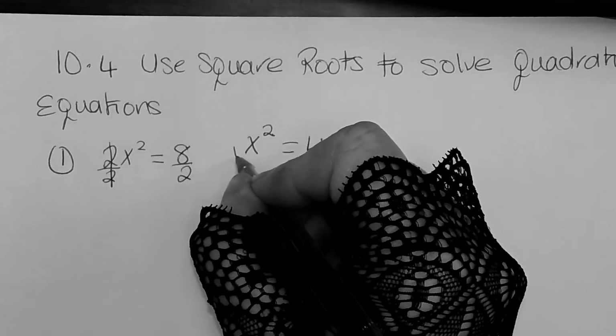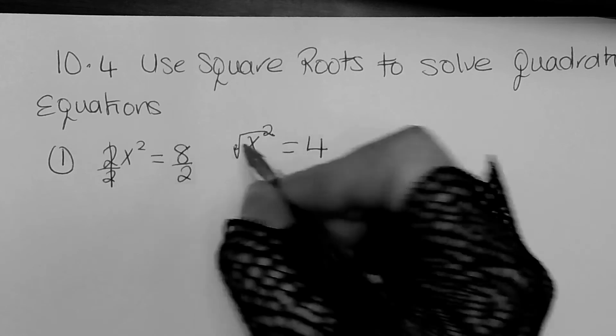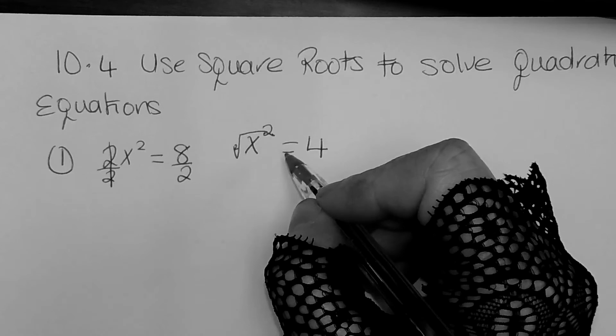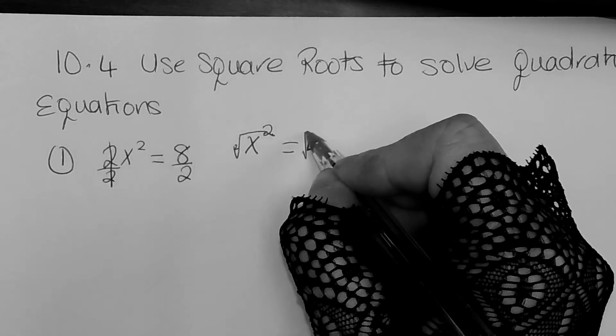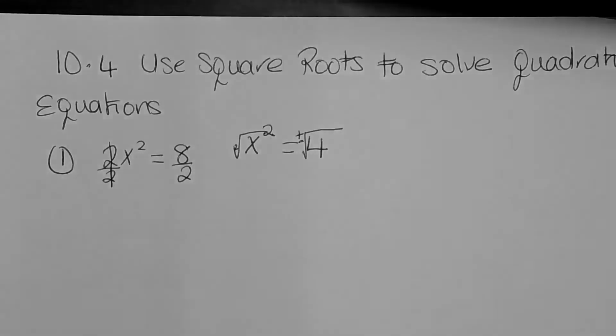So we take the square root, and it's understood, we never write, but there's understood to be a 2 in the square root. That's why it's called square root. And in algebra, everything's balanced, so we take the square root of 4, and we always add a plus and minus, because you need 2 solutions, and having one being a plus and one being a minus is going to ensure that you get 2 solutions.